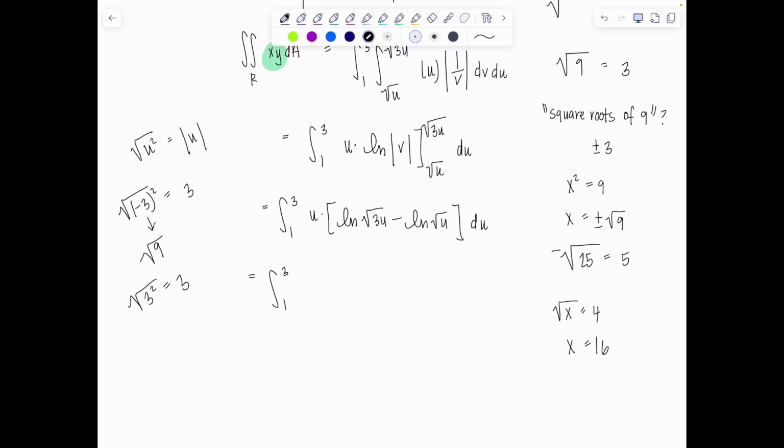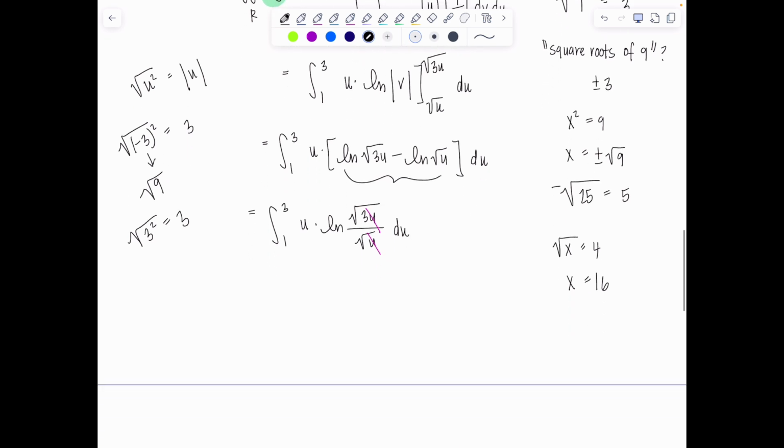1 to 3, u. And then you don't want this to be a difference, right? So you use your log properties, so slick, ln of rad 3u over rad u. Oh, ln rad 3, so painless. What is ln rad 3? It's a constant, so we're taking it out. And then antiderivative of u?